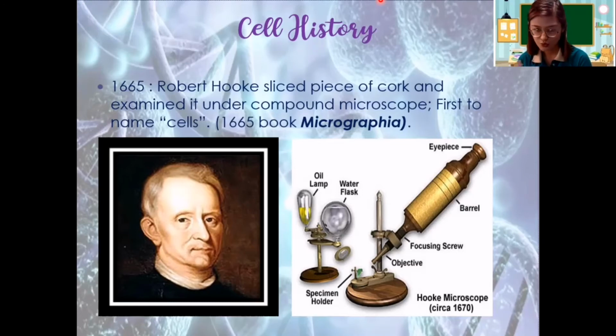He also has his own microscope. So each of them had their own version. As you can see, this is his version of his own microscope. You put the specimen right here in the specimen holder. Then you observe the specimen using the eyepiece.